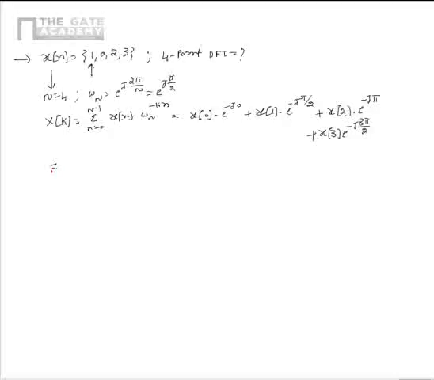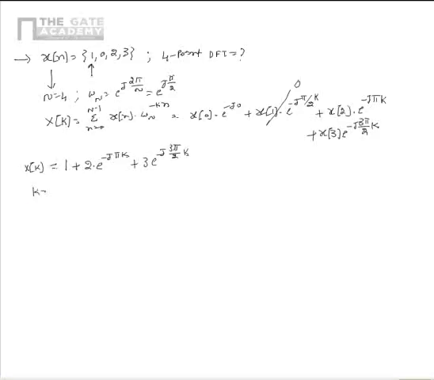Upon substituting the values of x of n, we see that x of k is equal to 1 plus the second term would be 0 because x of 1 is 0, 2 plus 2 multiplied by e power minus j pi k plus 3 multiplied by e power minus j 3 pi by 2 k.